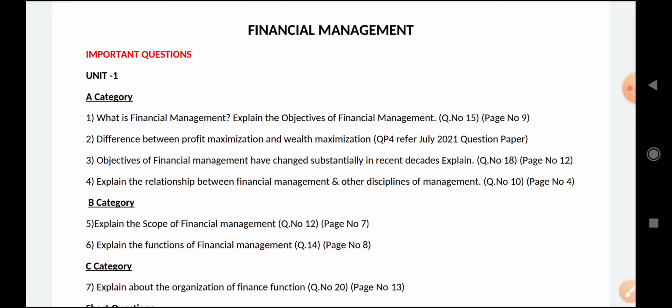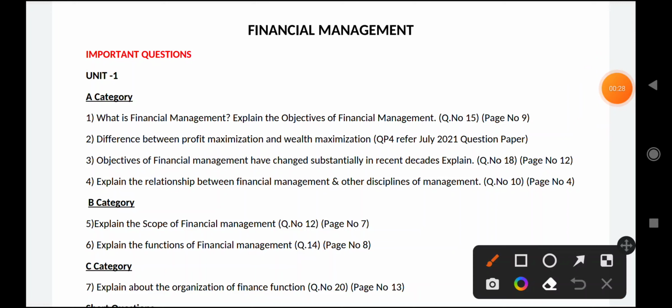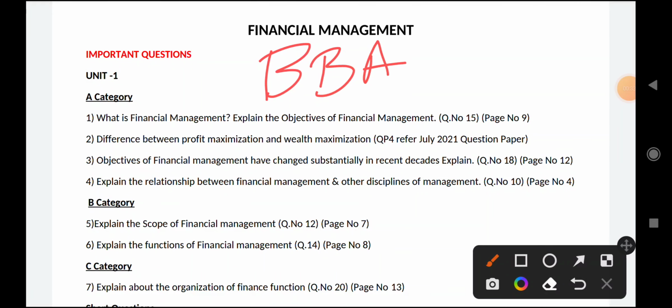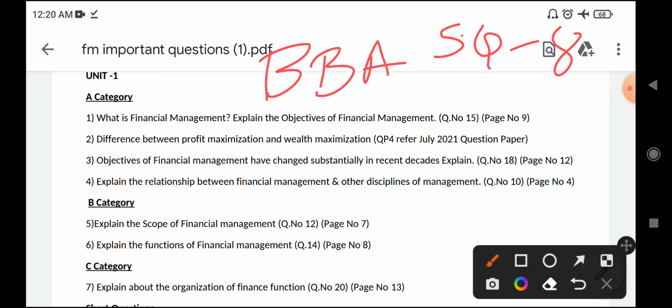One thing I want to tell you all, for BBA, generally in the question paper for short questions, 8 out of 8, maximum will be theory questions.